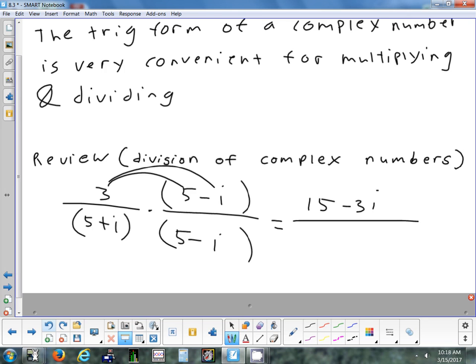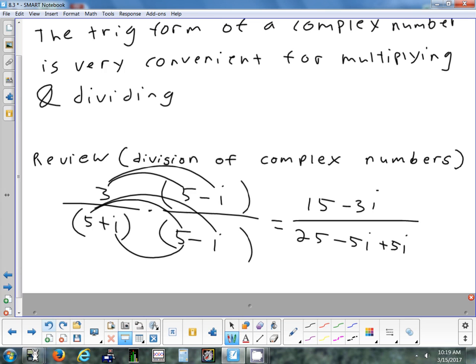But now, in the bottom, we have a complex number times another complex number. So that has to be FOILed out. So we start with 5 times 5, which is 25. And then 5 times negative i, minus 5i. And 5 times positive i, plus 5i.